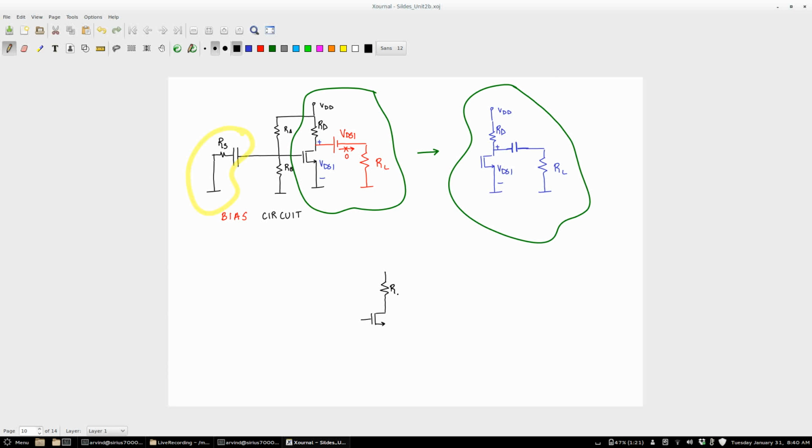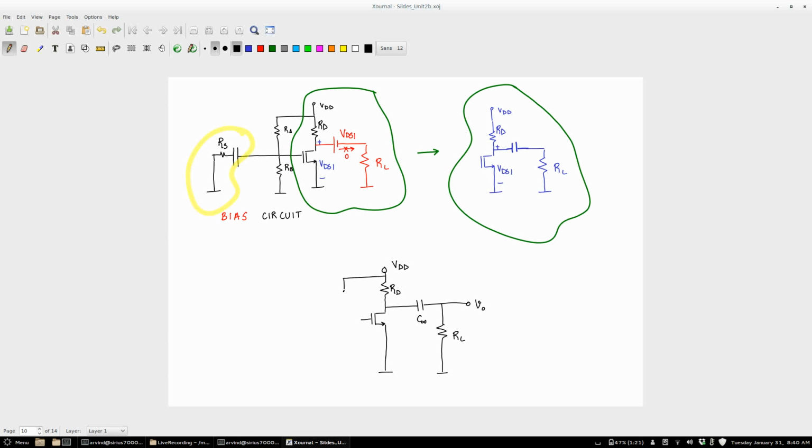Okay, so now we come to the end of the design or basic understanding of the common source amplifier. Can you help me draw the full circuit of the common source amplifier? What will I have in the middle? I have my MOS device, I have my RD here, I have battery VDD, this goes down to ground, right?